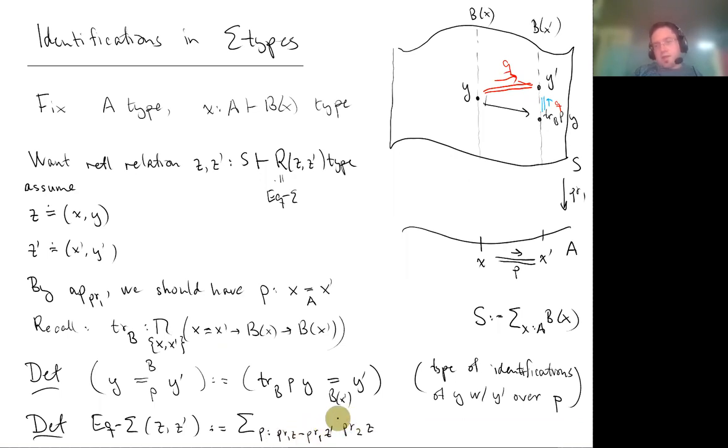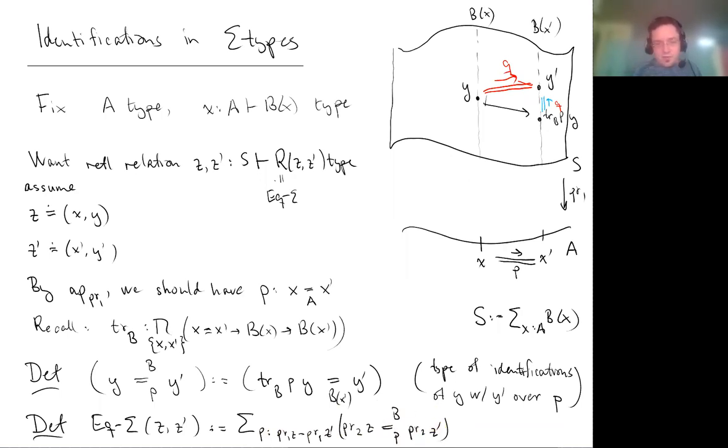So the first component of z and the first component of z prime, those should be identified, and relative to that, or lying over that, in the type family B, you should be able to identify the second component like that. But it really just means that when I transport the second component of z along p to B of the first component of z prime, I can identify that with the second component of z prime.